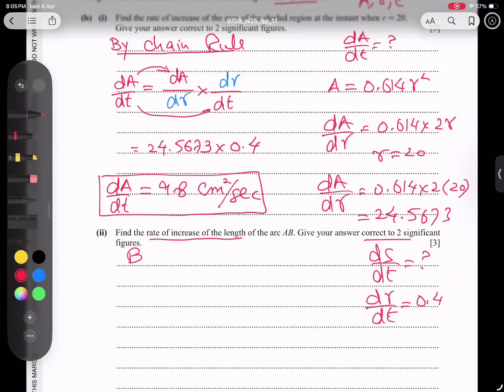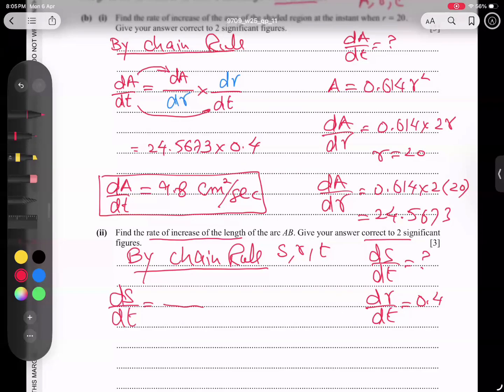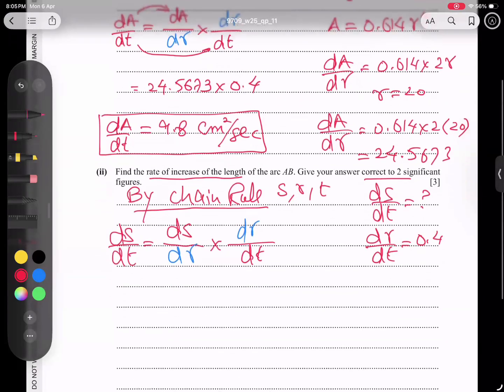Again by chain rule, make sure this time S and two other variables are involved. What is my job, to find ds by dt? Again I write two fractions. The ds comes here and dt comes here, and dr here.